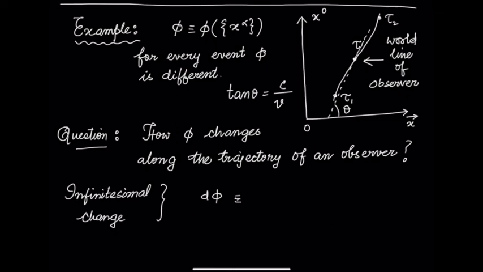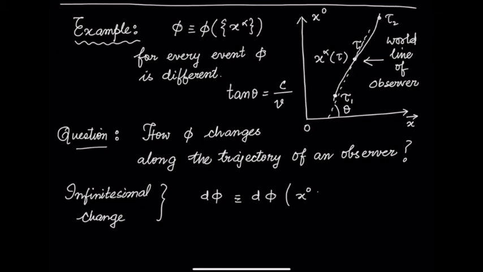And if you want to really write it down, phi is a function of x0, x1, x2, x3. Let me write those explicitly. And these x0, x1, x2, x3 are the points measured along the trajectory. So they can all be labeled by the proper time tau.